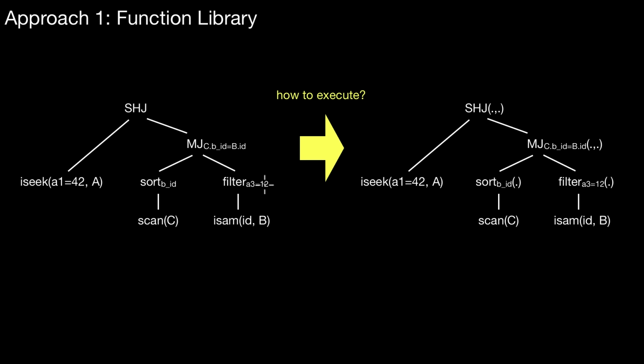So one straightforward interpretation of what we have on the left here is to say this is a call graph of the different functions, where each function here is one of the database algorithms we looked at in the previous video. So basically, this means we have a scan function scanning this specific input relation, then it outputs the data belonging to C, then that data is the input for this sort function, which sorts the input with respect to this attribute, outputs the sorted relation C, and so forth.